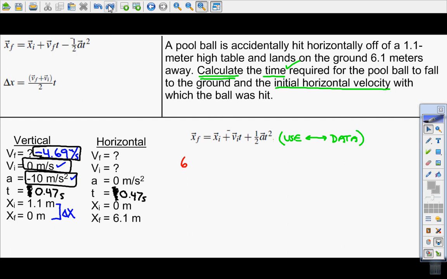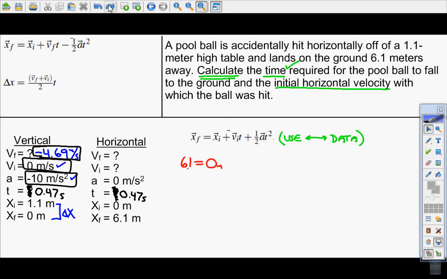So, xf, the horizontal final position, equals horizontal initial position plus horizontal velocity times time plus 1/2 the horizontal acceleration multiplied with time squared. I know what my horizontal final position is. It's 6.1 meters.